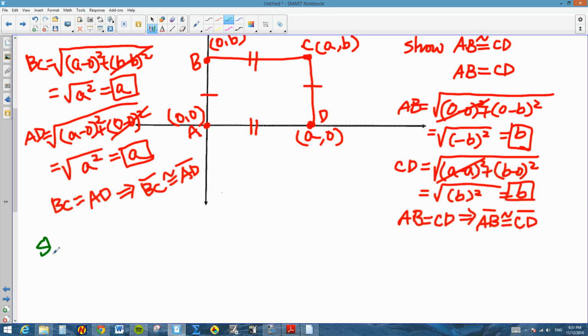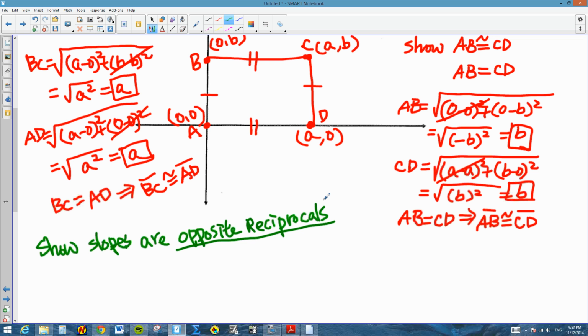We need to show the slopes are opposite reciprocals, okay?